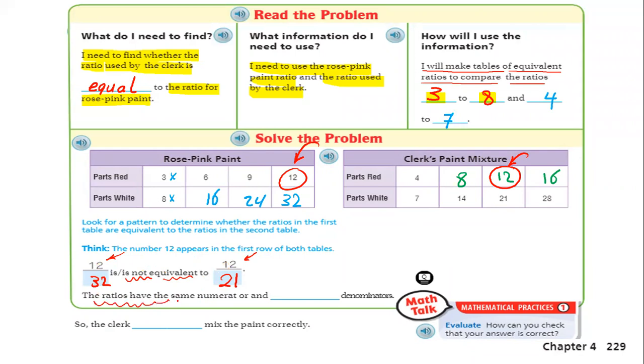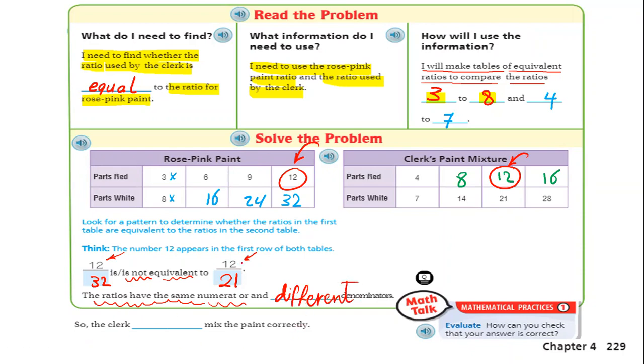The ratios have the same numerator and different denominators.